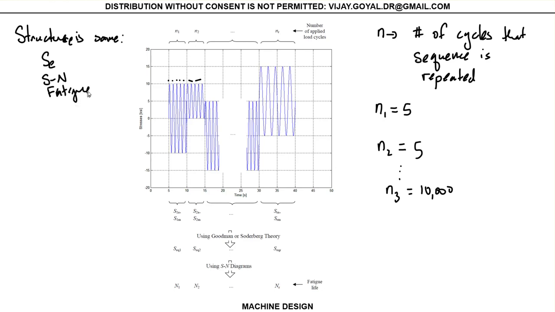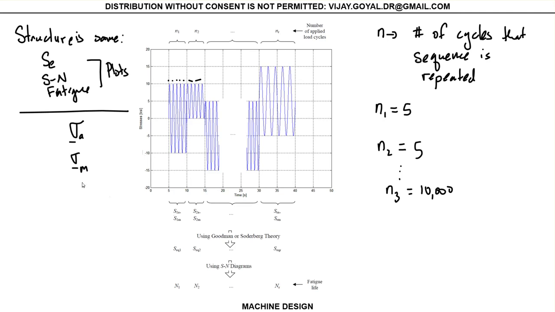These plots are identical because all I'm changing is the loading sequence, not the structure. All I want to find is your sigma alternate and sigma mean for each one of these cases.